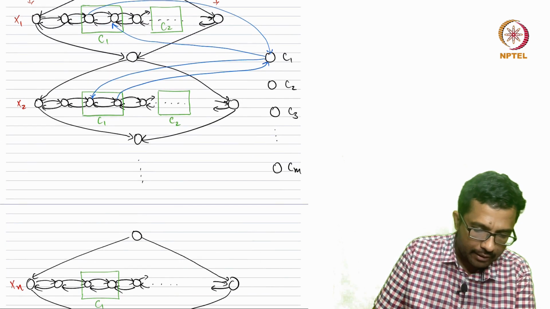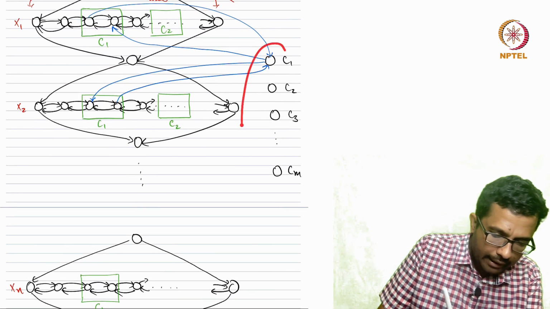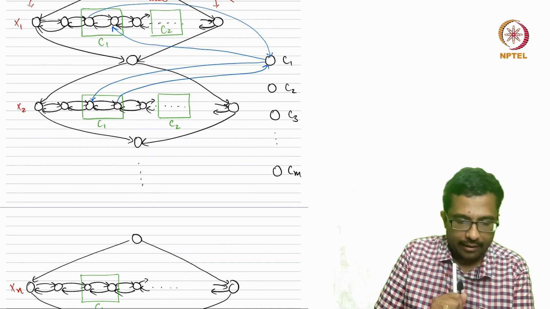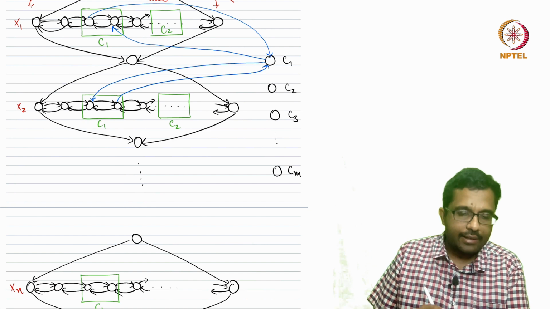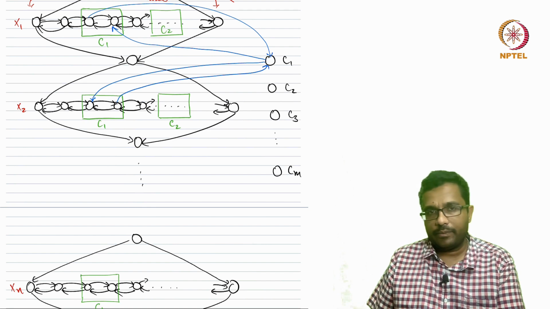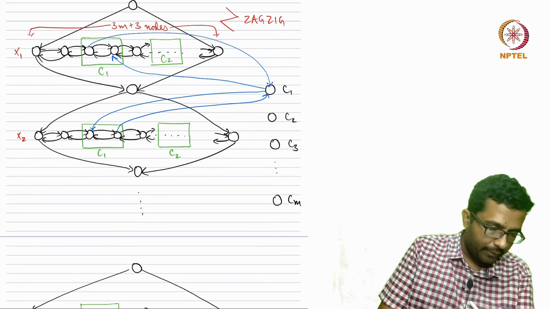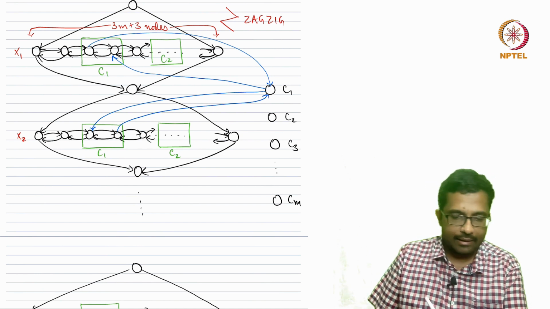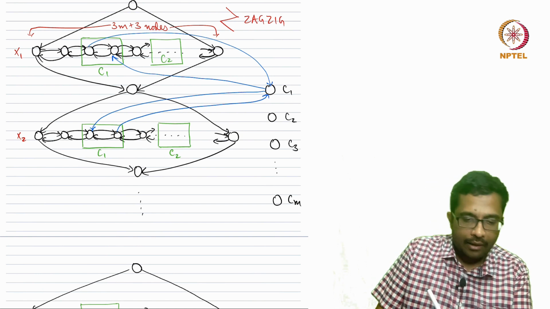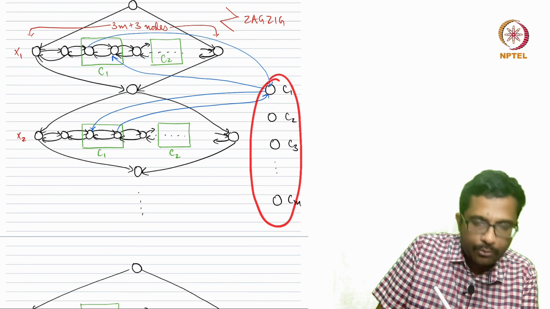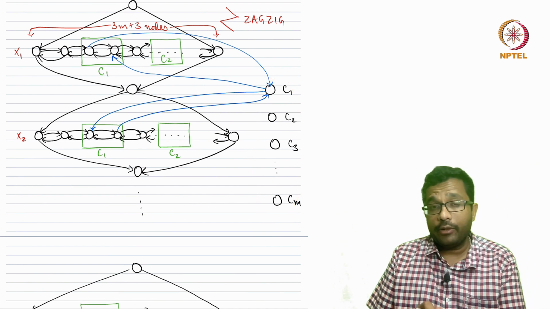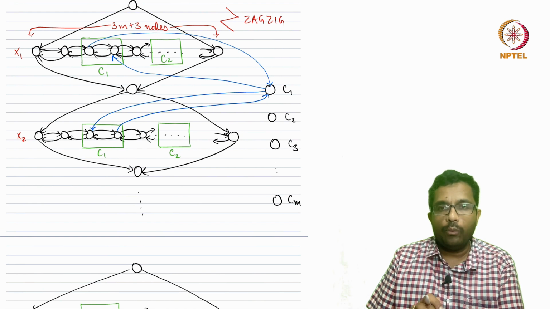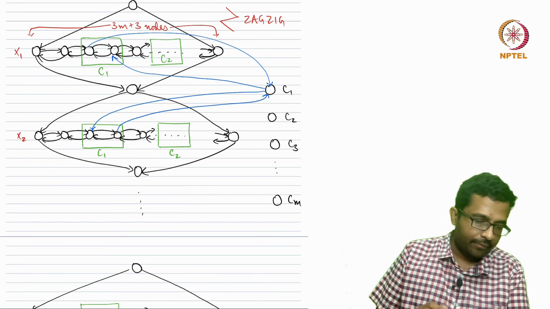Okay, before that, let me just tell you, there are going to be m vertices on the right side or somewhere, and these correspond to the m clauses. So you have n diamonds, one for each variable, and you have m vertices, one for each clause. One diamond for each variable and one vertex for each clause, right?